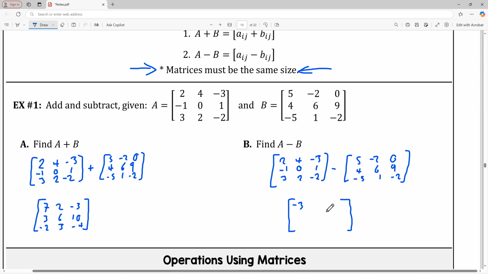4 minus negative 2, watch out for double negatives when you're subtracting. This will actually equal positive 6, right? 4 minus negative 2. Negative 3 minus 0, that's just negative 3.